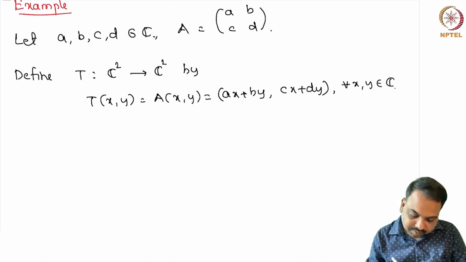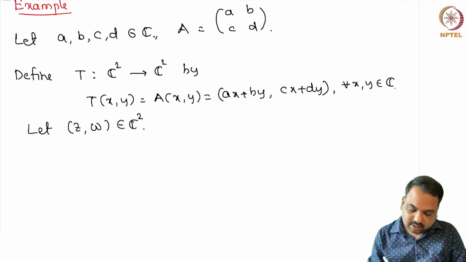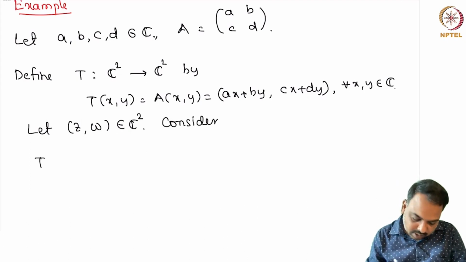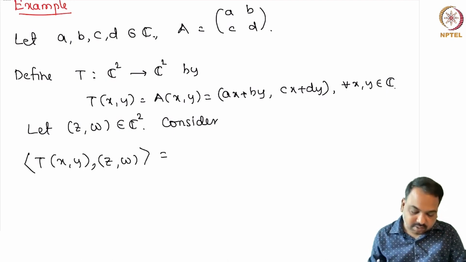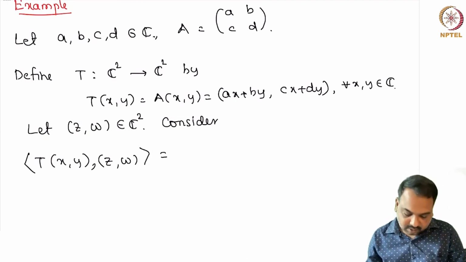So let us take another vector (z, w) in C2 and consider the inner product of T(x, y) with (z, w). Now we want to write this as the inner product of (x, y) with something. That something becomes T star.